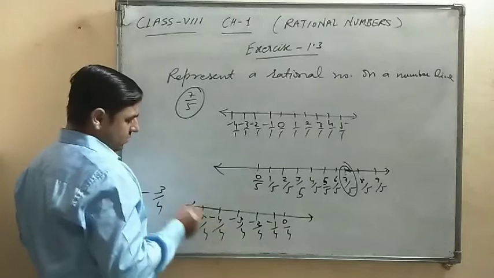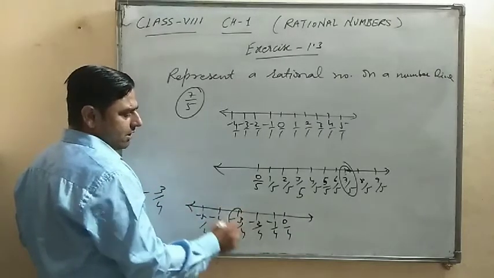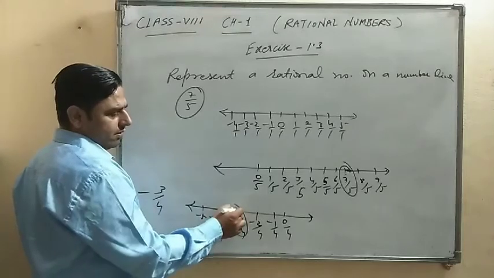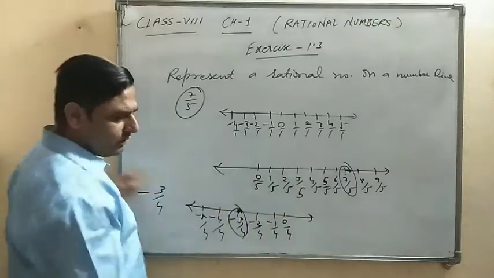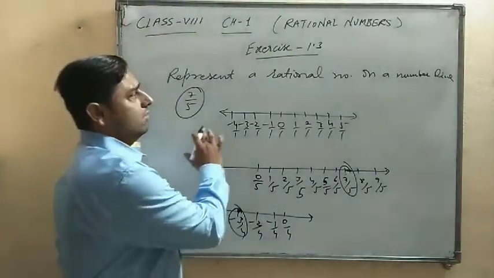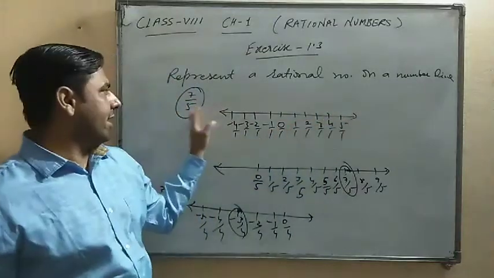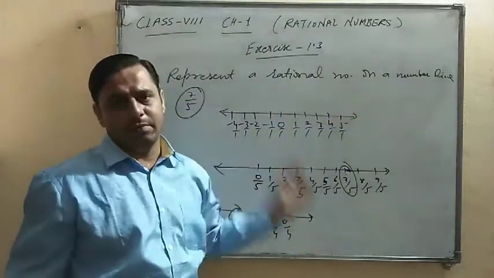Okay, so you can plot here, you can see minus 3 by 4. So here you can plot, this is minus 3 by 4. By this method you can plot rational numbers on a number line.